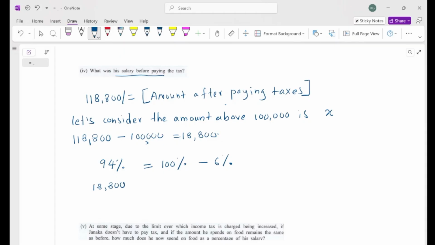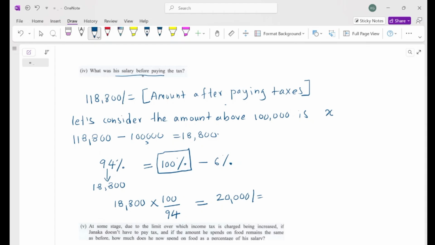Okay, so if 94% is 18,800, we have to find the amount before tax, that is 100%. So we have a simple calculation. If this is for 94, what would be for 100? We divide 18,800 by 94 and multiply by 100. So this is 20,000.